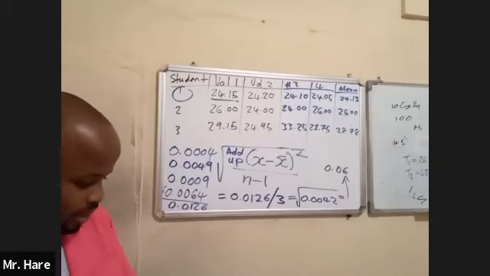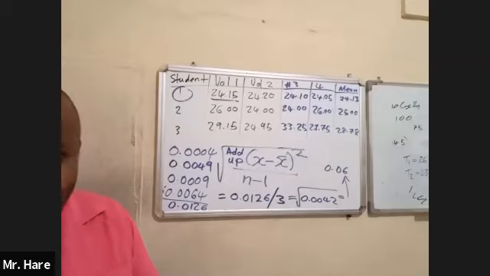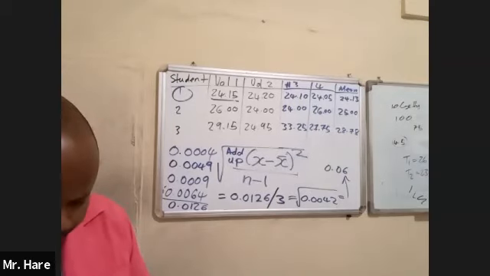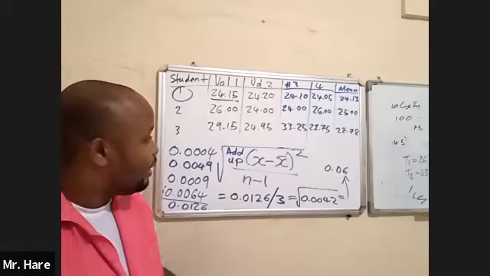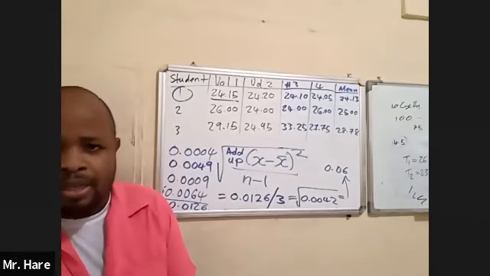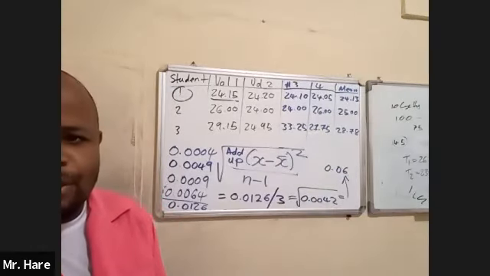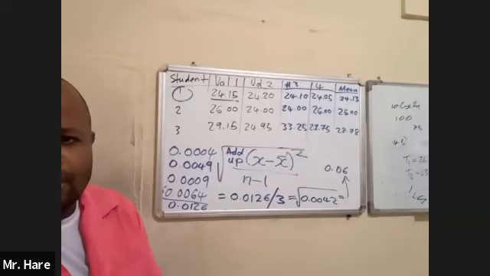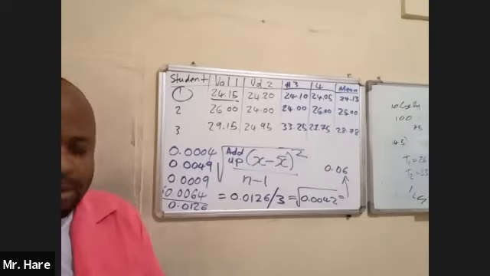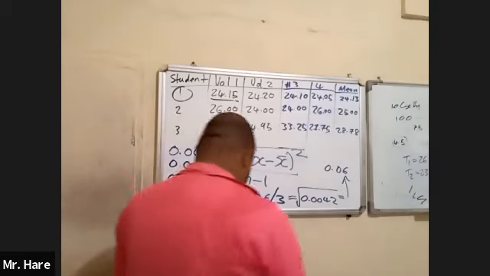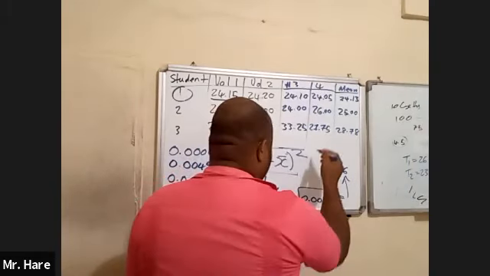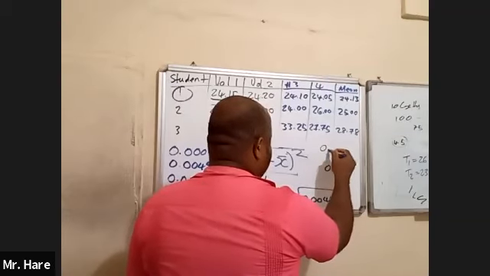All right, and what was the answer for number 4? 2.58. All right. So after we completed the table, let me just put the answers on the board. The first answer was 0.06.